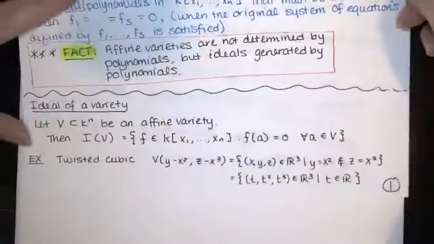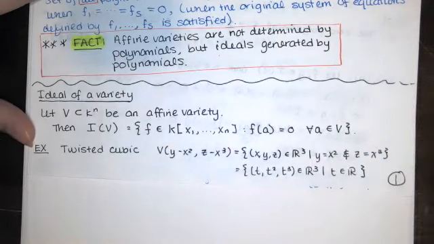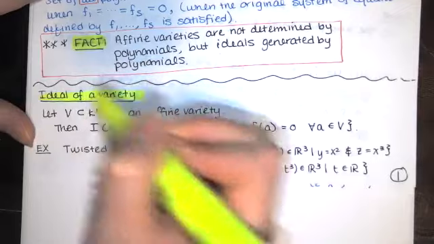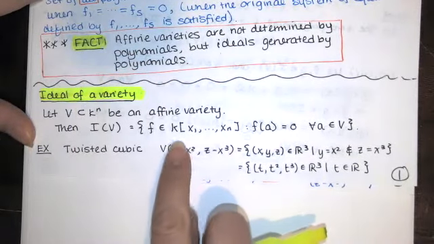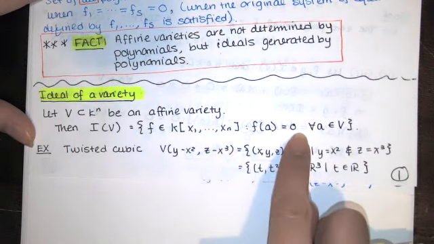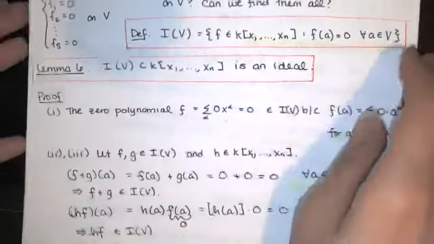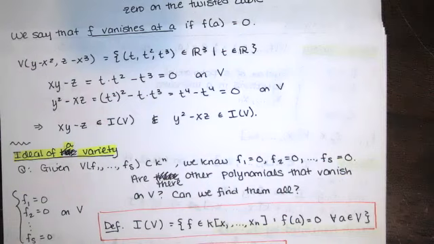So we reviewed all of that, and then we talked about the ideal of a variety, and that's right here. The ideal of a variety is just the set of polynomials such that, it's a set of all polynomials that vanish when we're on the variety. And remember what vanish means. We're just saying that a function vanishes at a point a if you evaluate it at a and you get zero.